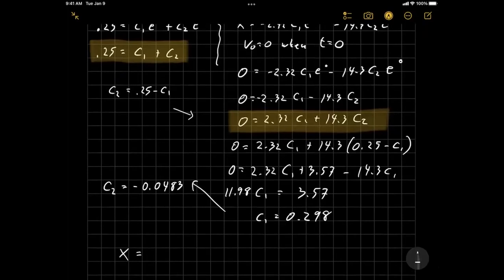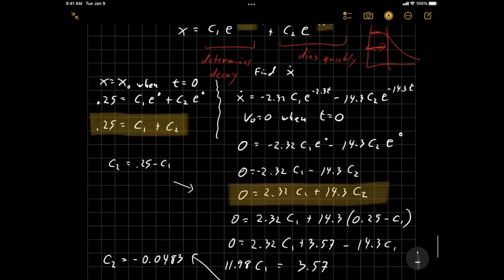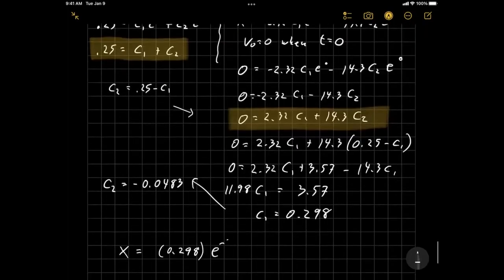The stretch of the spring will be x equals C1, which is 0.298, times e to the negative 2.32t, minus 0.0483 e to the negative 14.3t.